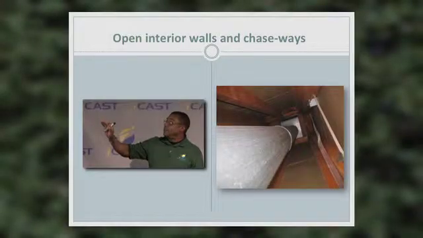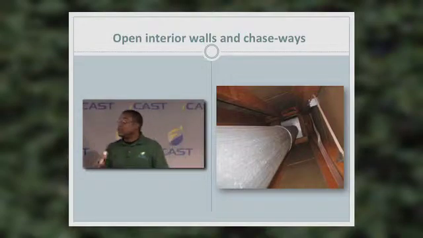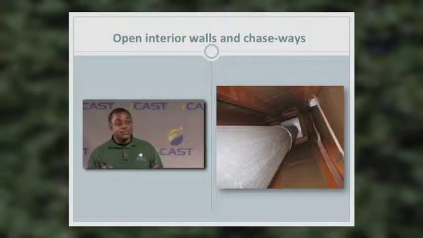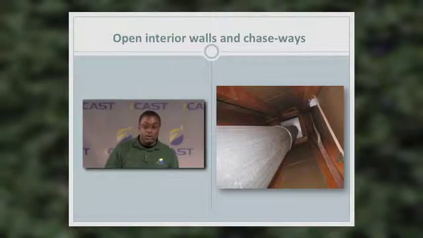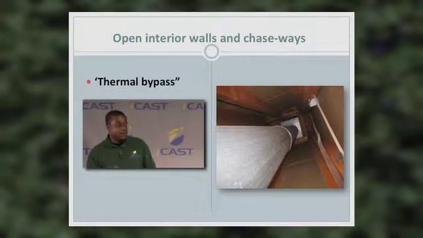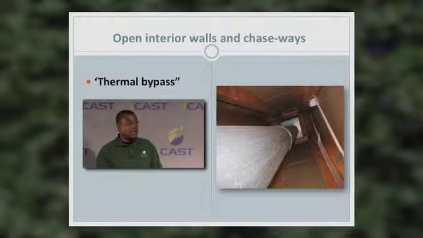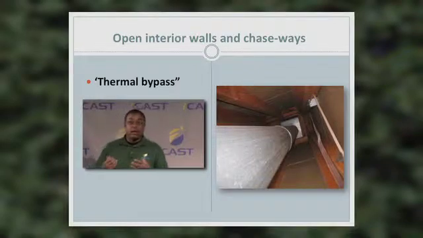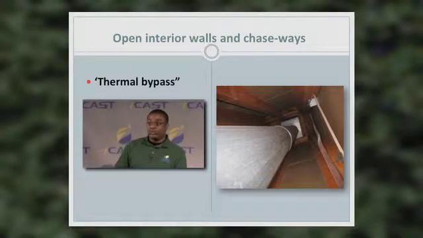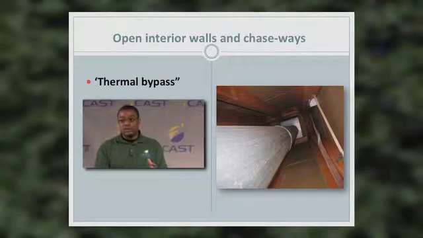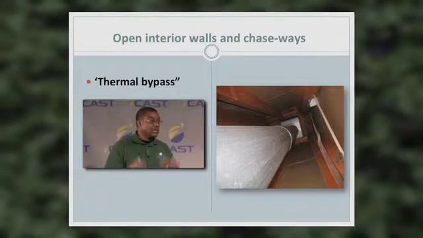When we have open interior walls and chaseways, if they're not managed properly, we can create what are called thermal bypasses. And a thermal bypass is simply a way for heat to move around the instruments that we have put in place to keep the heat from moving.